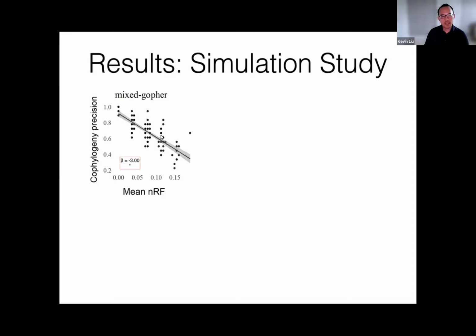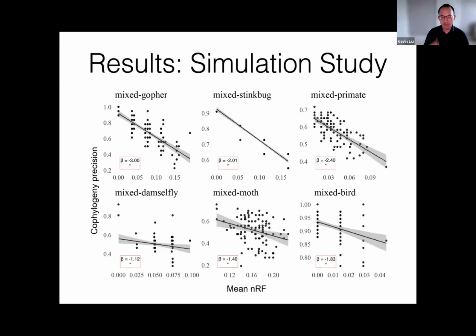And as you get less and less accurate trees, you get less and less accurate cophylogenies as well. For this particular simulation condition, mixed gopher, it was a statistically significant result. And very quickly, we essentially saw roughly a similar outcome across all of these other conditions as well. Some of the differences that you do see are due simply to the different characteristics of the simulation conditions themselves. Data set size and evolutionary divergence play a key role.